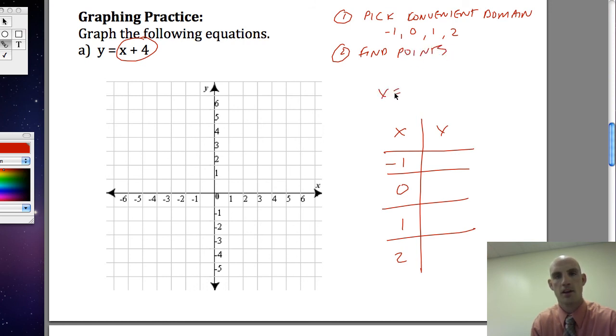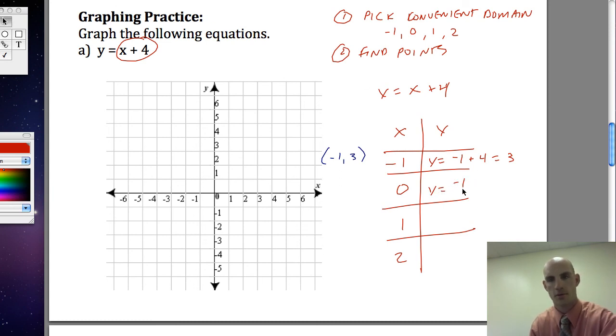Well, if y equals x plus 4, y equals -1 plus 4 equals 3. So my first point is going to be -1, comma, 3. Next point. Y equals, whoops, got to remember what we're putting in. 0 plus 4 equals 4.